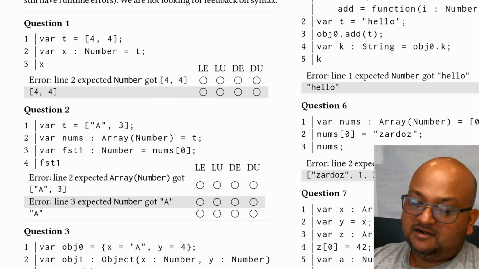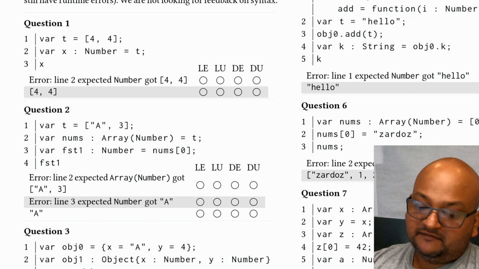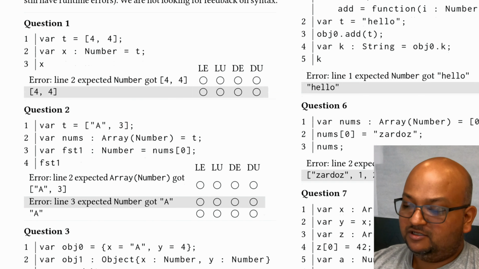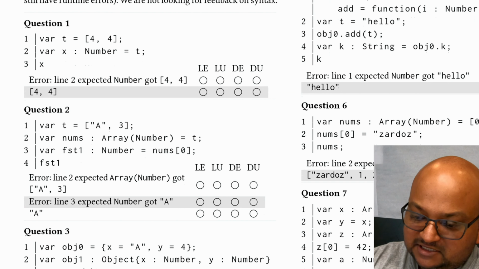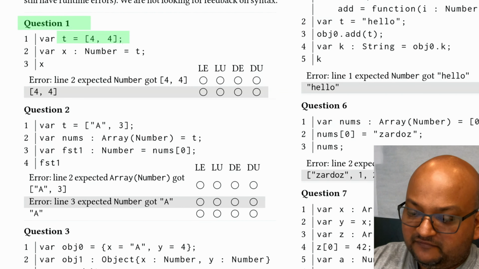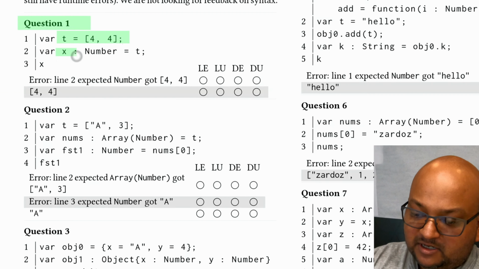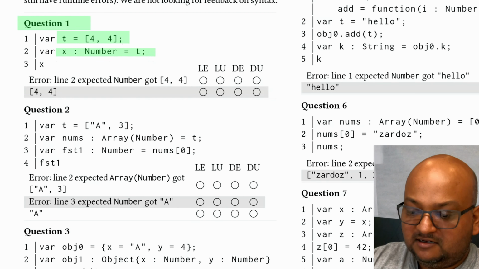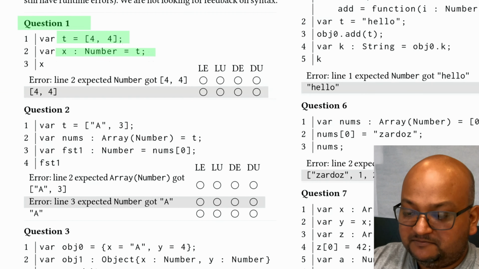Before we look at the results, let's look at a few of the survey questions to get a feel for what they were asking. Here we see in the first question, t is a tuple of two numbers, and then we declare x to be a single number and assign t to x. And then when we evaluate x, what should we expect?